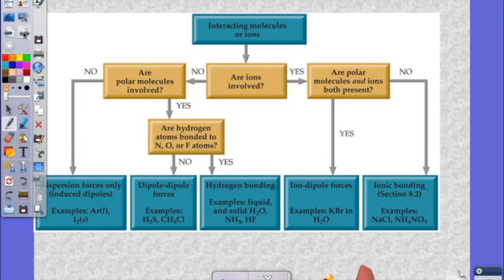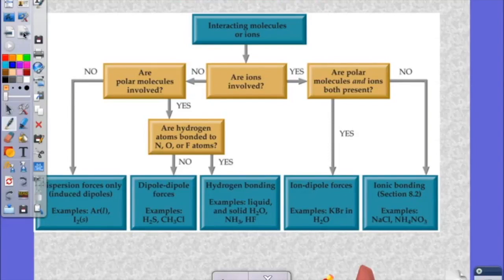Hydrogen bonding is a special type of dipole-dipole. It is a stronger version of dipole-dipole. It exists only between hydrogen and fluorine, oxygen, and nitrogen. Remember a kindergartner that cannot spell fun. Fun, F-O-N.